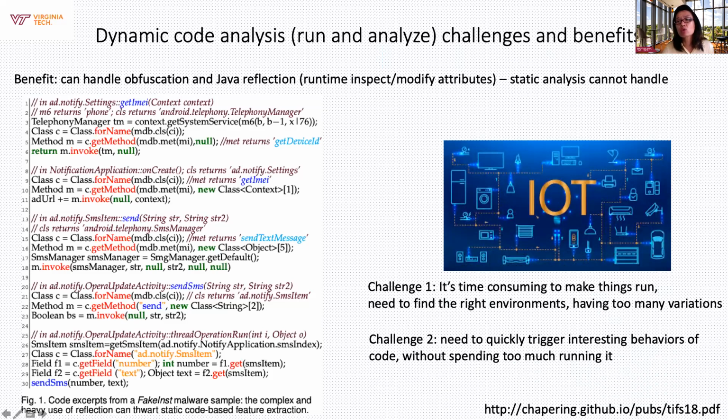However, it comes with a price. You have to actually get the code running. That means for an app, you have to have the Android environment or iOS. For mobile apps it's relatively simpler, but then its version still has to match. But the IoT, the Internet of Things, is a lot harder.